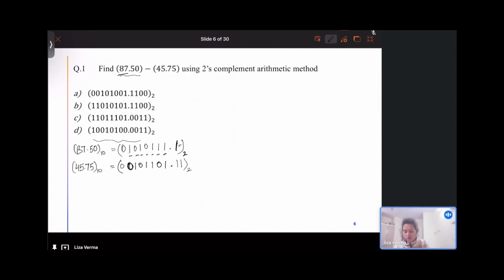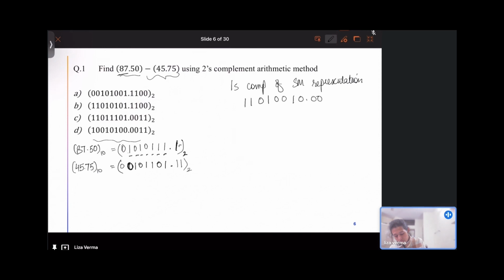Now since we are asked to do it by the 2's complement arithmetic method, we'll write minus 45.75 by the 2's complement method. And to do that, what do we need to do? Take the 1's complement first of the sign magnitude representation. Now how do you do that? The 1's complement will be 1, 1, 0, 1, 0, 0, 1, 0.00, right?